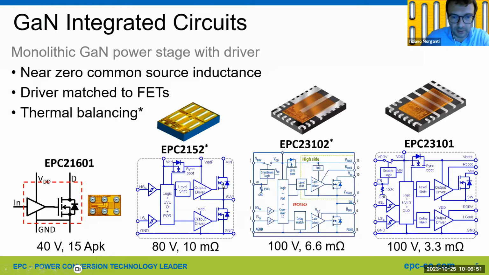So if you have asymmetric heating of the two power devices in the half bridge, they share a common die, so they will equalize the temperature between themselves. And it is layout friendly, so it's much easier to lay out, and this also contributes to lower parasitics in the layout.